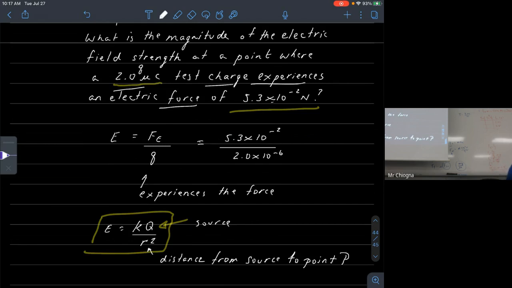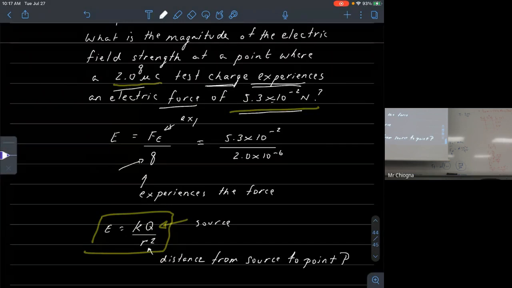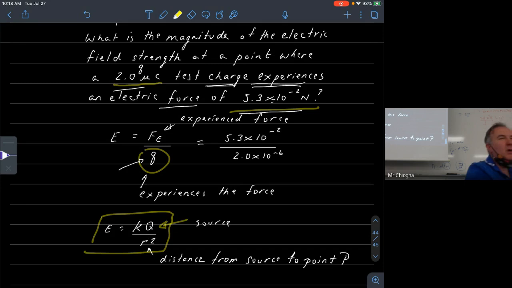There's only a mention of a charge that experiences a force, which is my clue that it's small q. And they also give you the force that it experiences. So Fe is the experienced force, by small q.